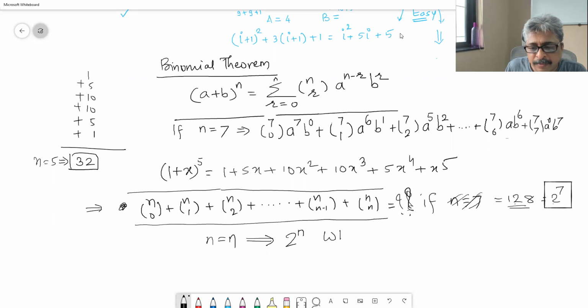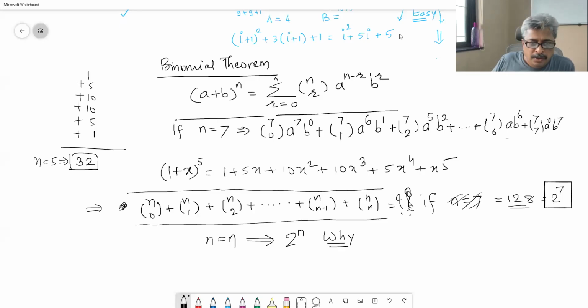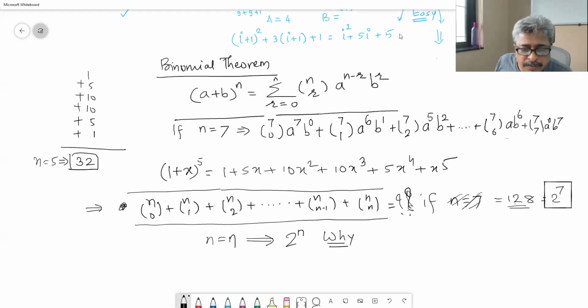Why? You are supposed to write something and show it. A is equal to 1 and B is equal to 1. All these terms sitting here will become 1.